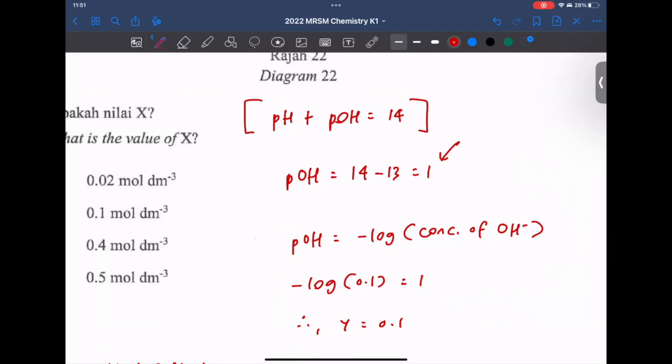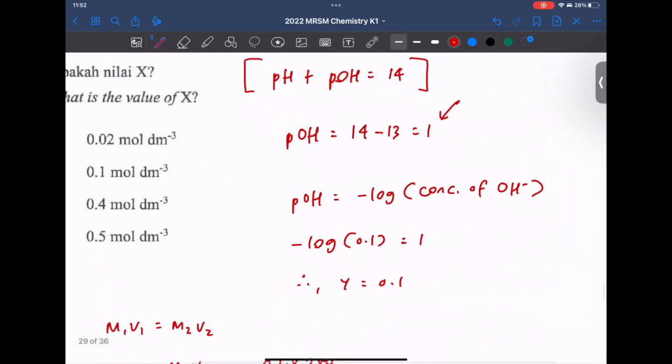It's the same as calculating the pH of an acid using negative log H plus. Normally, negative log 0.1 gives you 1. So now your pOH is 1.